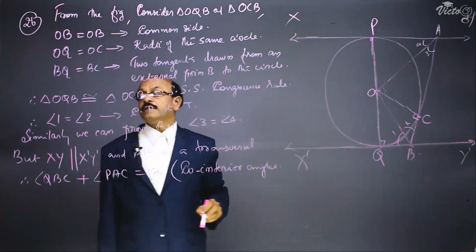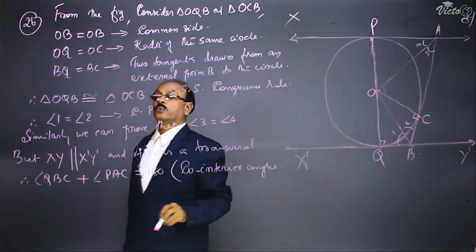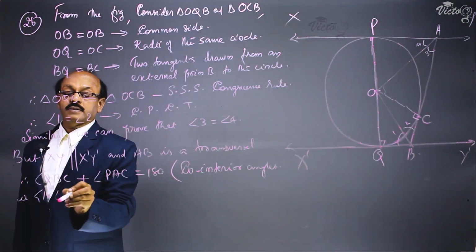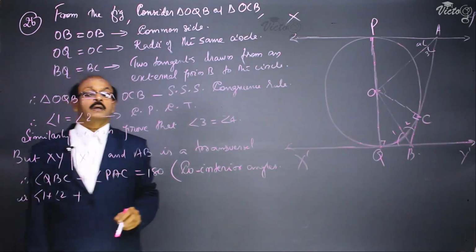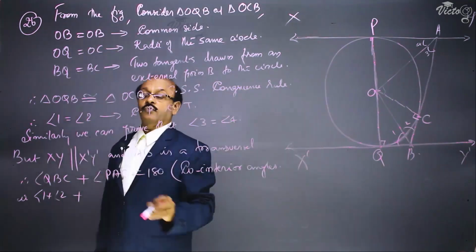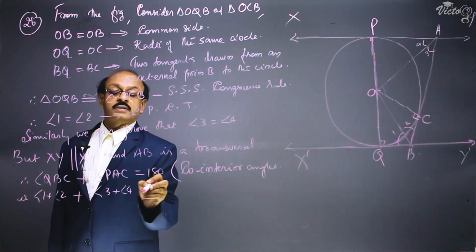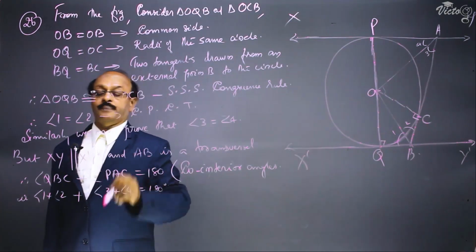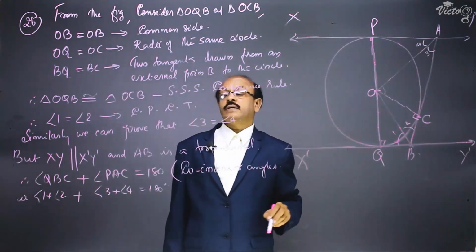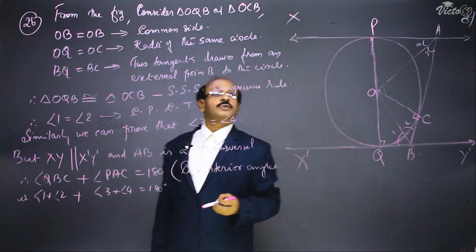Instead of angle QBC, we can write angle 1 plus 2. That means angle 1 plus angle 2 plus, again, instead of angle PAC, we can write angle 3 plus angle 4, is equal to 180 degrees. But angle 1 is equal to angle 2, so instead of 1 plus 2, we can write 2 into angle 2.